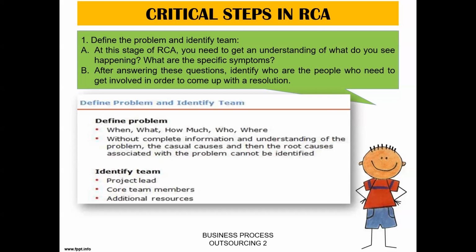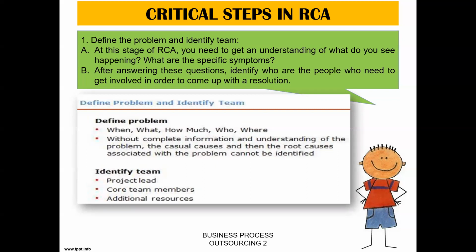So here, this is what you do. Identify the team, core, additional resources maybe. So this is the project lead. You are the project lead of your problem, failing SMP5. Your core team members are your teacher, your classmate, your love life, your close friends.